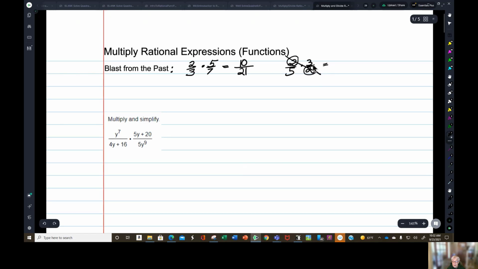So you're left with a 3 on top and a 5 on the bottom. Okay, so we're going to be using those old rules, but now we're using them with algebra.